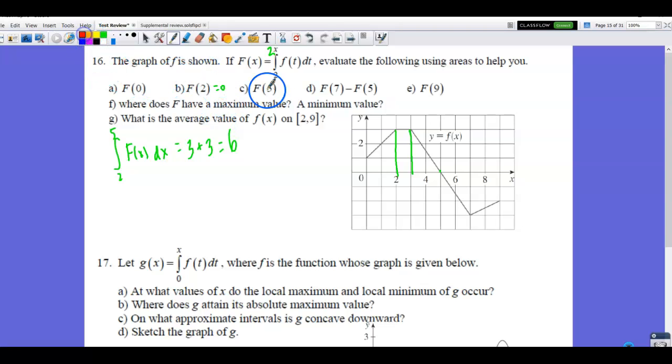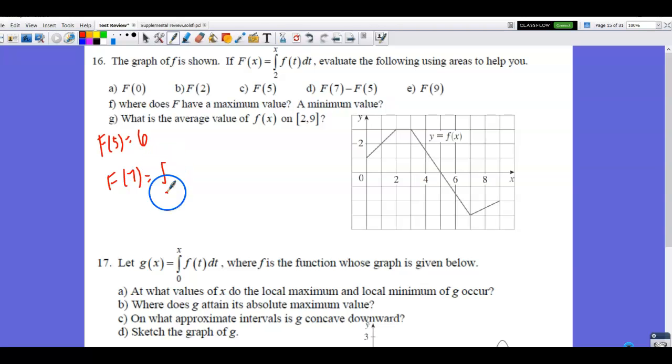Oh, sorry for the pause. F of 5, we just did that one. F of 7, let me clear the screen here. So we just did F of 5. What did we get for that? So we know that F of 5 is 6. F of 7 is the net accumulation of area from 2 to 7 under f of t dt.